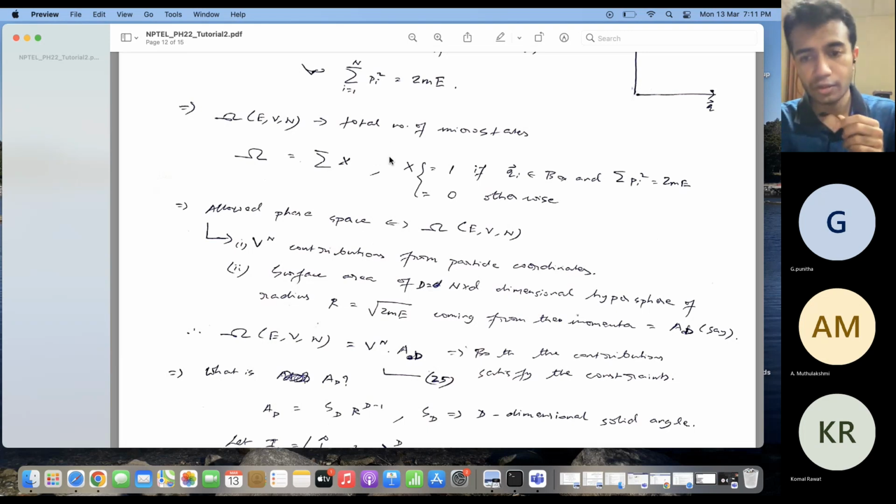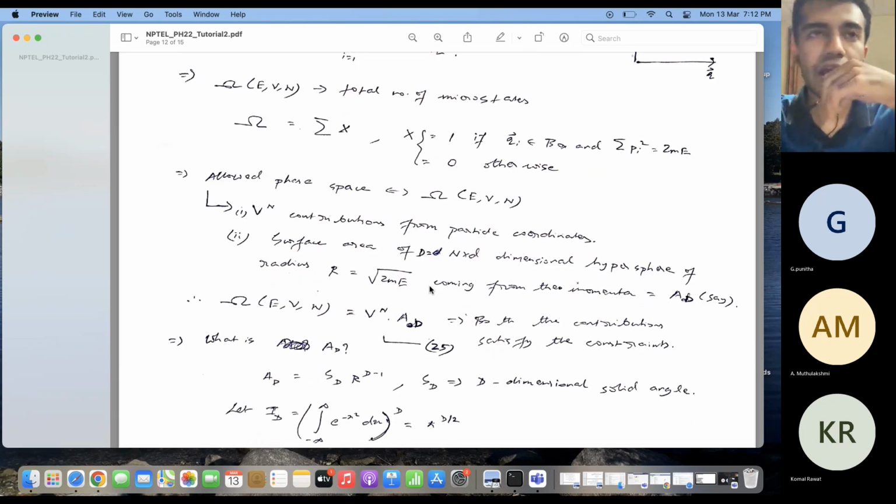Okay, so I had talked of three dimensions. In general, if the sphere is d-dimensional, that means it can have more than three dimensions as well, then it becomes a hypersphere. And in general, we get hyperspheres. Why? Because we are working with many particles. So even if small d is equal to 3, n is a very large quantity, so the dimensionality of the momentum space is much, much greater than 3.